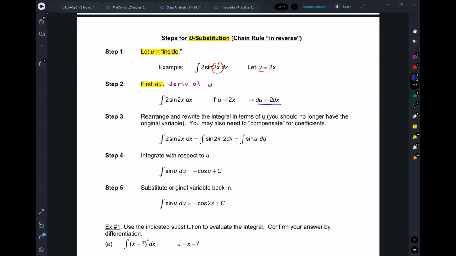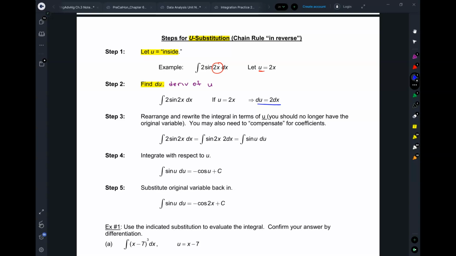Du is 2 dx. Now you have to rearrange the integral so that the new integral has only u's and all of the former variables disappear. This part is going to be like a puzzle, and it's like black magic. You've got to have faith in the math. It's always going to work.